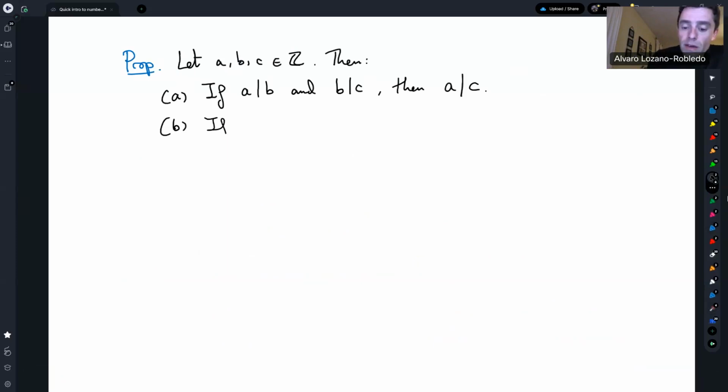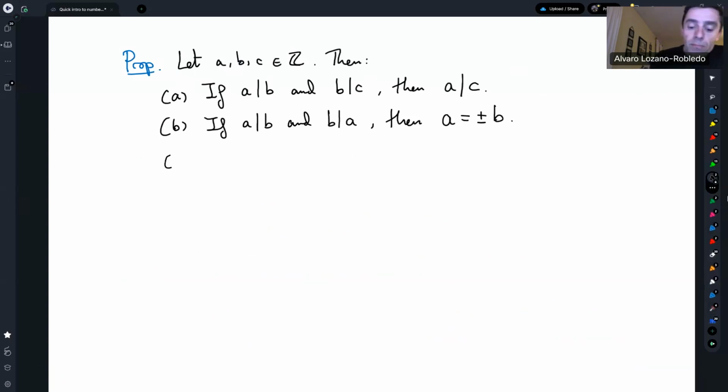Second, if A divides B and B divides A, then A and B are not necessarily equal, but they have to be plus or minus each other. One is either equal to or the negative of the other.